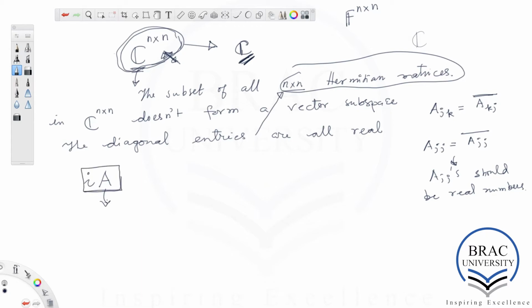The diagonal entries are IA11, IA22, all the way up to IANN.